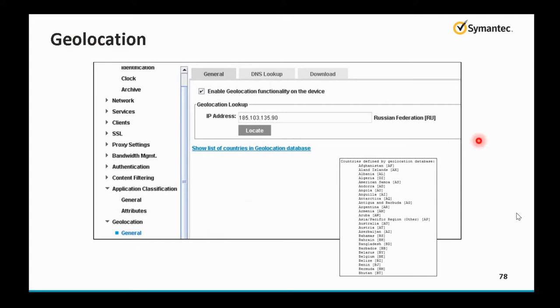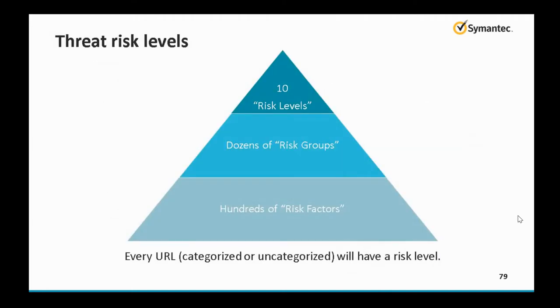All right. Another database is the threat risk level database. So what is this threat risk level database? As you know already, all websites on the internet, we are categorizing them and we put them into 85 different categories based on what that website is all about. Besides categorizing websites, we have created another database based on the level of risk of the URL.